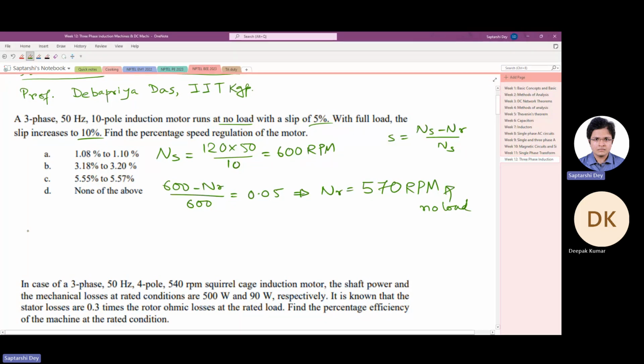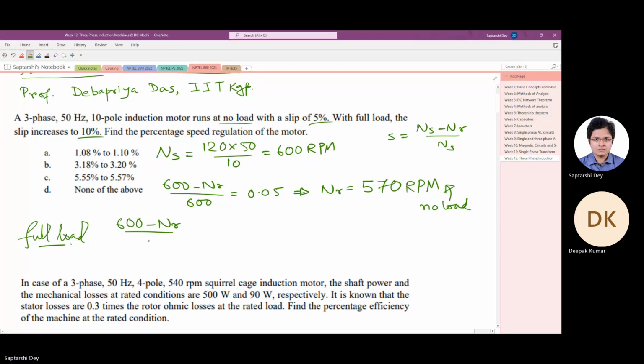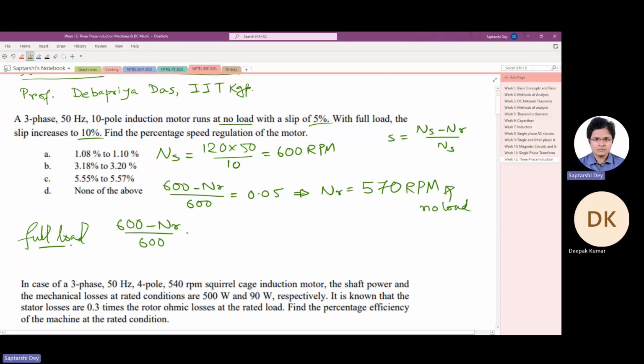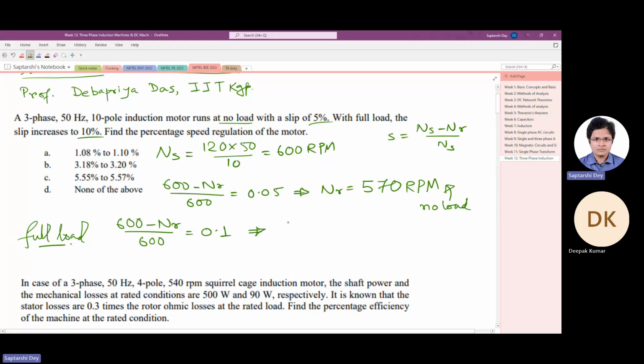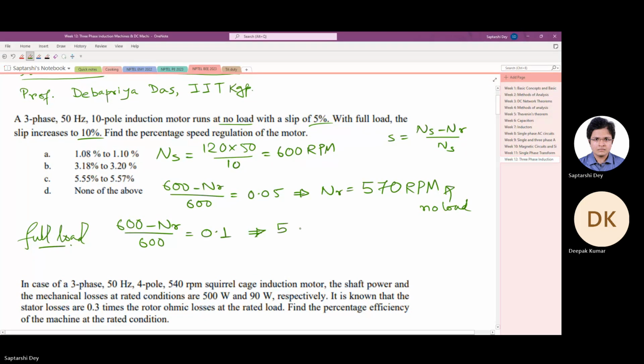Now full load slip is 10%. So synchronous speed remains the same because frequency is same. This is now 0.1. So 600 minus 60, 540 rpm.